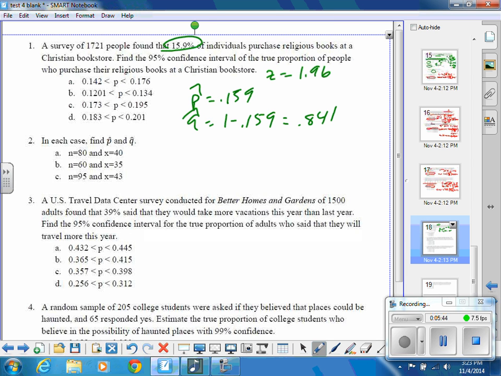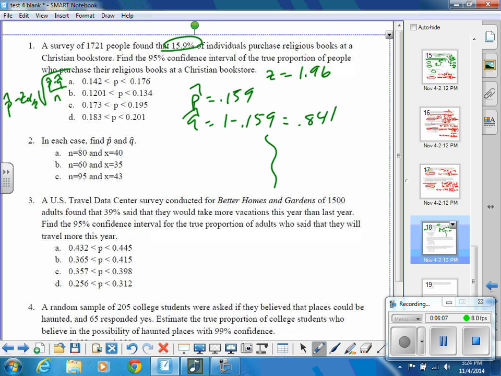So from here, I go ahead and plug these into the formula, and I hate to do this, but I'm going to need some room over here. The formula for this is, I'm actually going to write it over here, this is really bad. P hat minus Z alpha over 2 times the square root of P hat times Q hat all over your N. Okay?